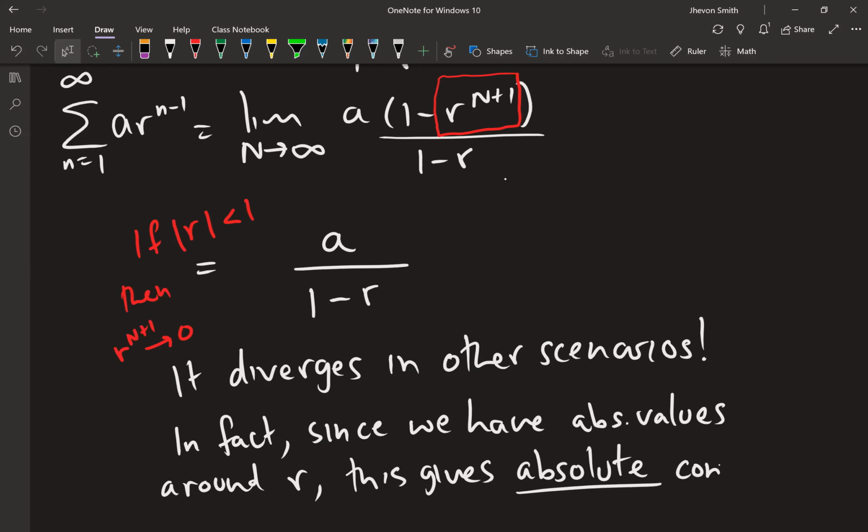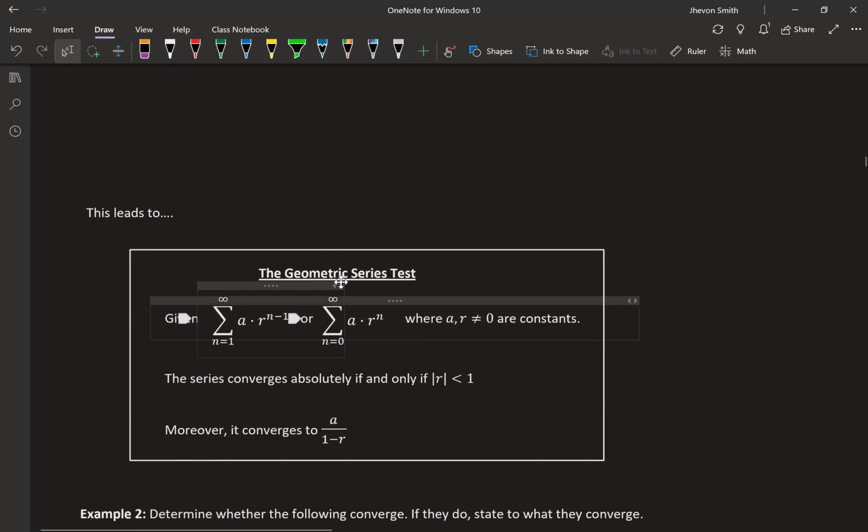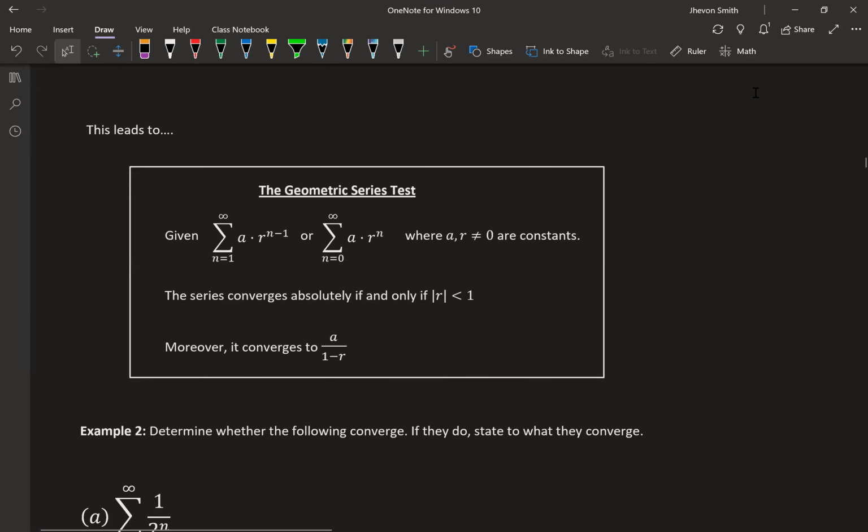So not only can I talk about convergence, I know it's going to converge absolutely. Whenever a geometric series converges, it will converge absolutely. It does not matter if the A or the R are negative. As long as my R is in magnitude smaller than 1, then raising R to the nth power and letting n go off to infinity, this sum is going to actually make sense. This leads us to the geometric series test.